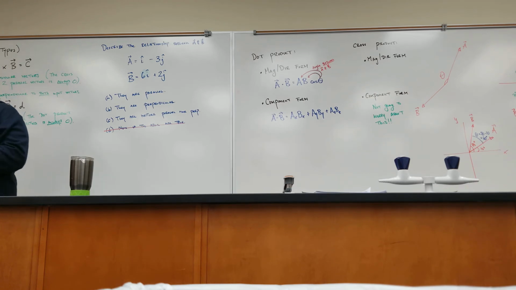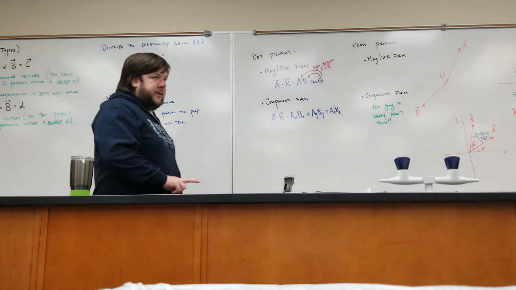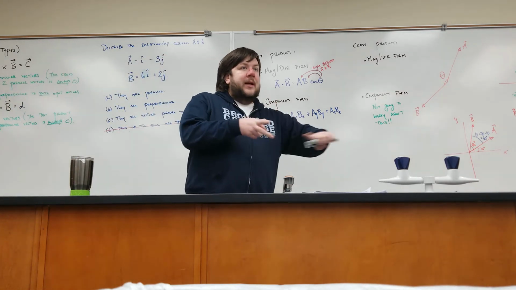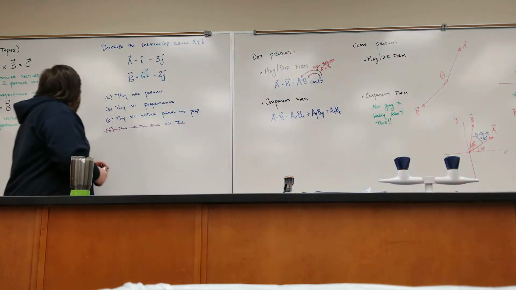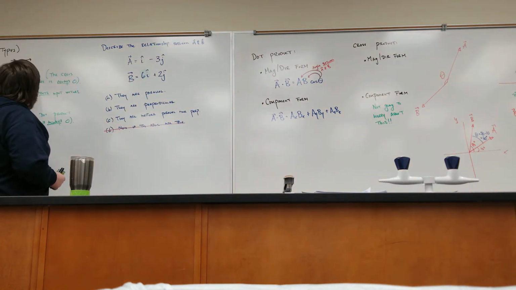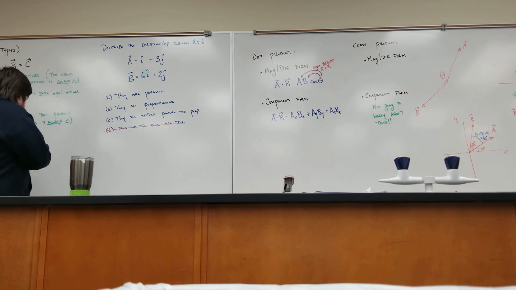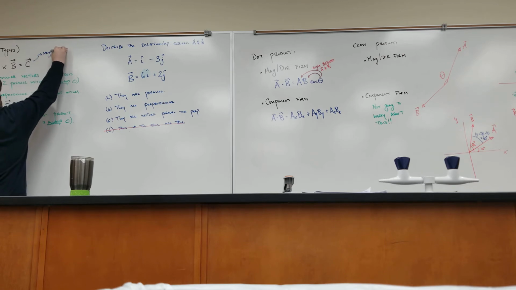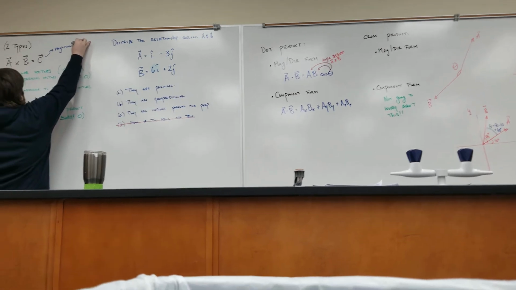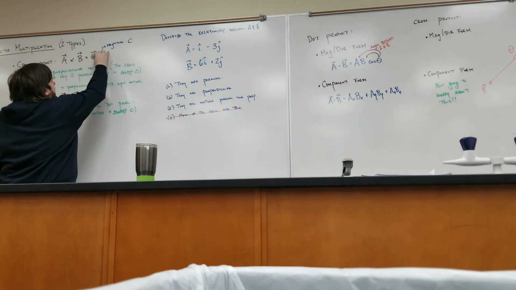All vectors are composed of 2 pieces of information: their magnitude and their direction. If A cross B is some new vector C, then C has a magnitude. Okay?